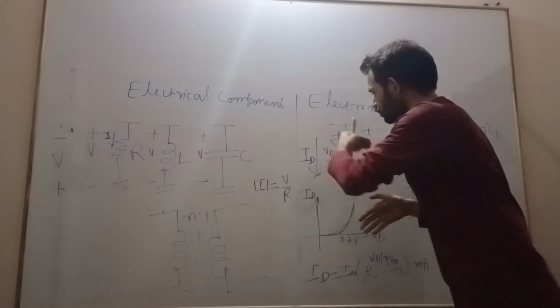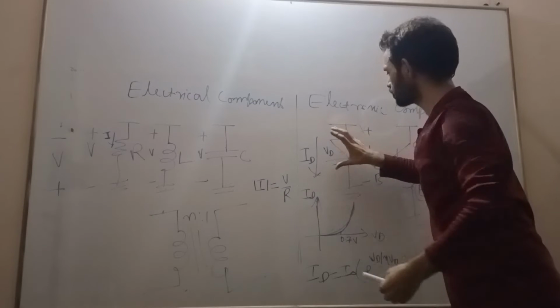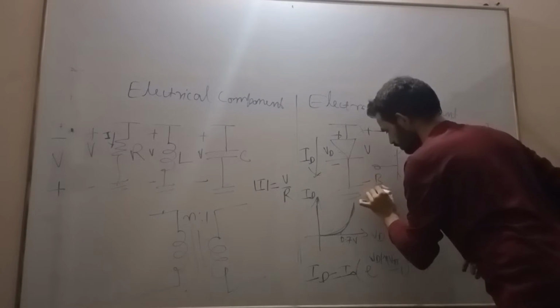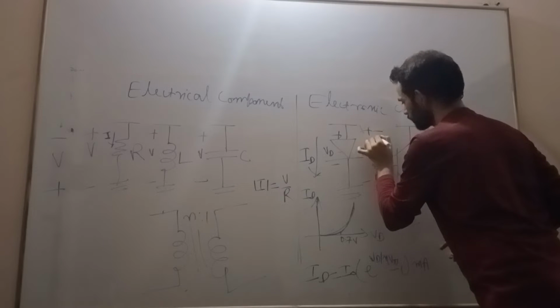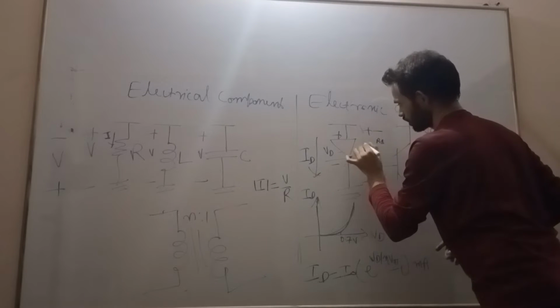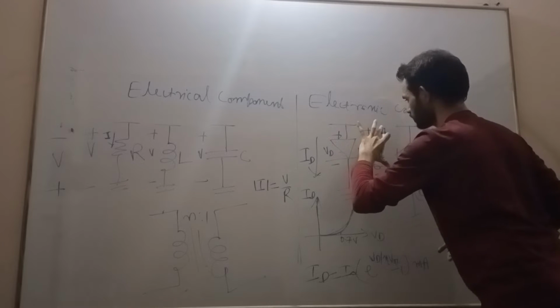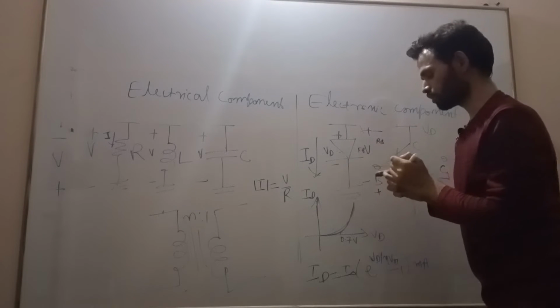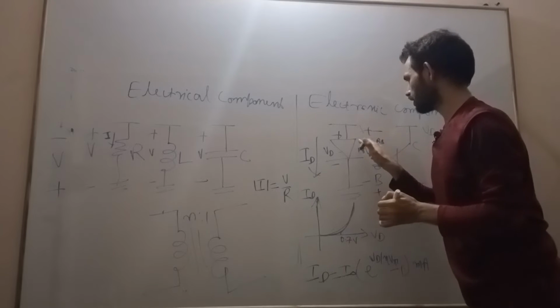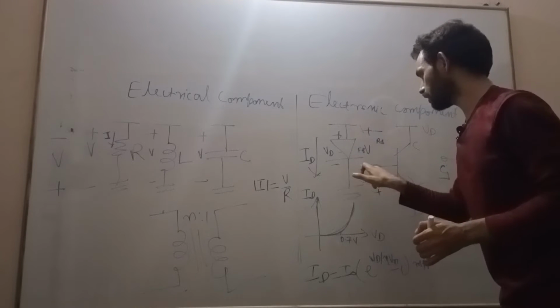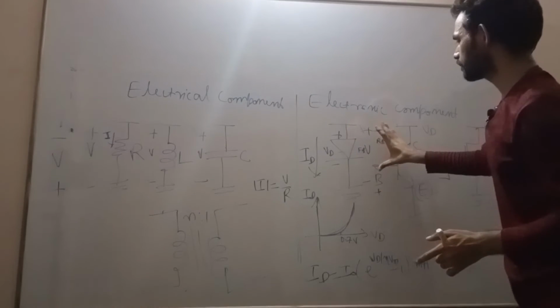Now we are going to change the polarity of this voltage across the diode. If we take this negative and this positive, it becomes reverse bias. Earlier it was forward bias, with positive connected to p-type and negative to n-type. Now the negative is connected to p-type and the positive terminal is connected to n-type, so it becomes reverse bias.